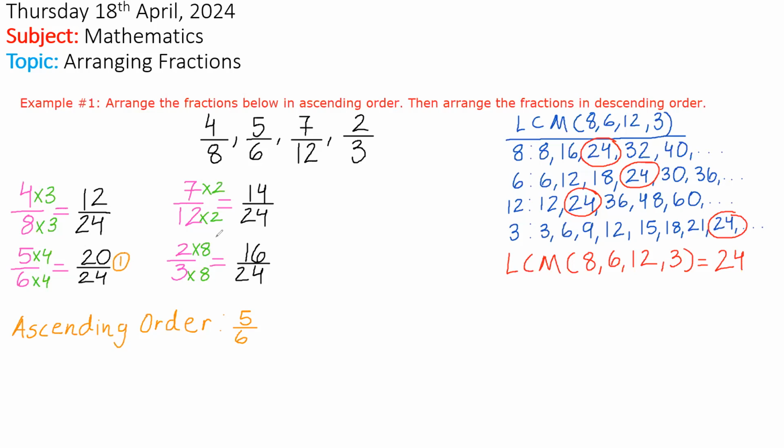So, Mr. Badi, I have a question. Go ahead. That means I was right when I said 5/6 was the highest. Yeah. So what does descending mean? I'm sorry, ascending means you start from the lowest to the highest. We're doing it wrong. Ascending means you start from the smallest.